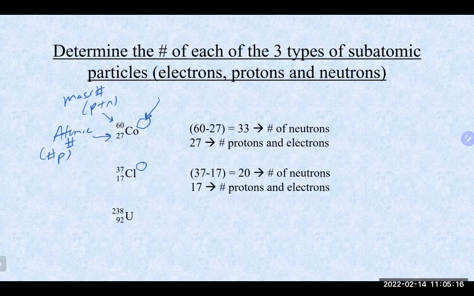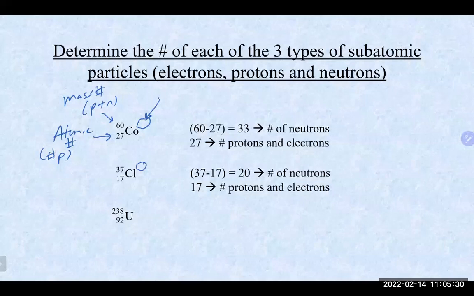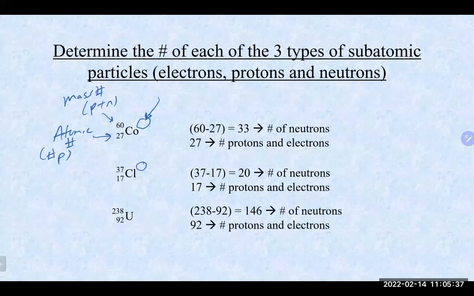It's at the bottom of the periodic table there. And that is 92 for the atomic number. That means it has 92 protons. It also then has 92 electrons because, again, there is no charge. And 238 minus 92 gets you 146, the number of neutrons that are present. Any questions on any of those there?